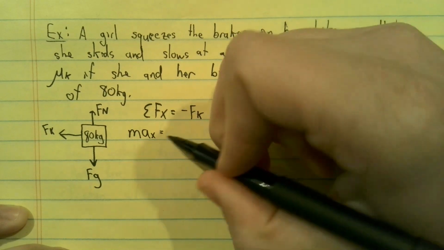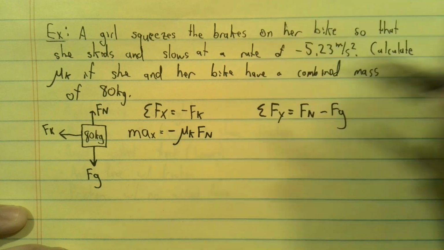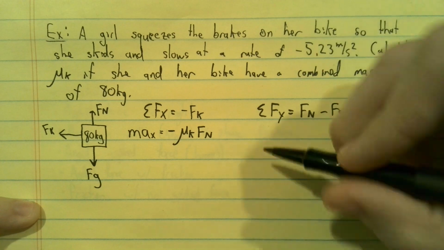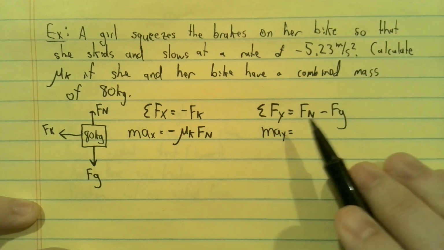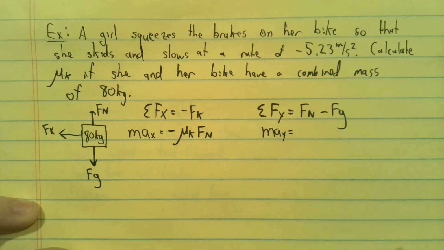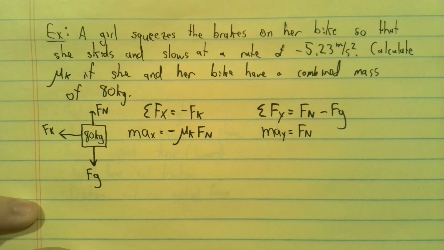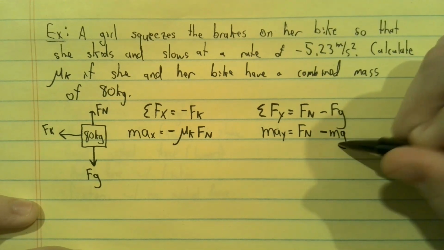Fk, I look at my list, I see that it is mu k Fn. Sigma Fy, I look at my list, I see that it is ma y. Fn, I look at my list, I see that it is Fn. Fg, I look at my list, I see that it is mg.